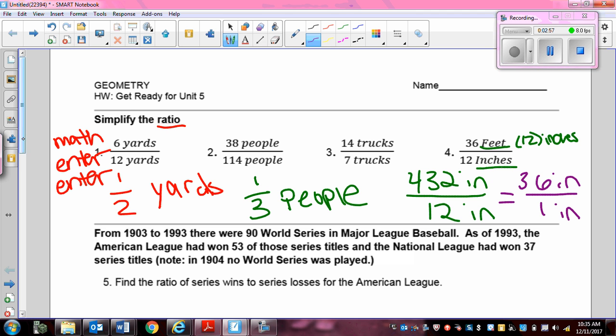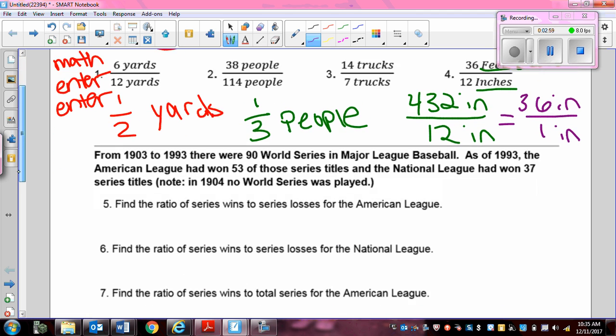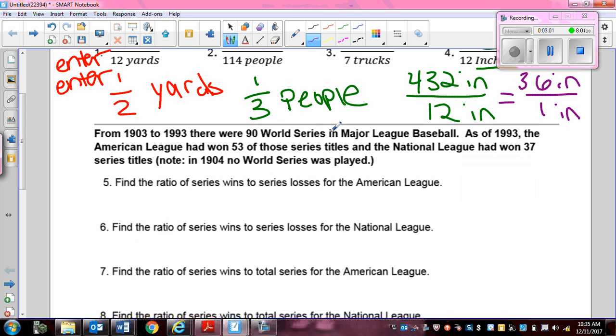Okay? From 1903 to 1993, there were 90 World Series in Major League Baseball. As of 1993, the American League won 53 of those series, and the National League won 37. Okay. Find the ratio of series wins to series losses for the American League.